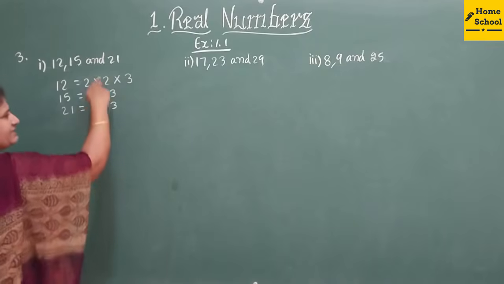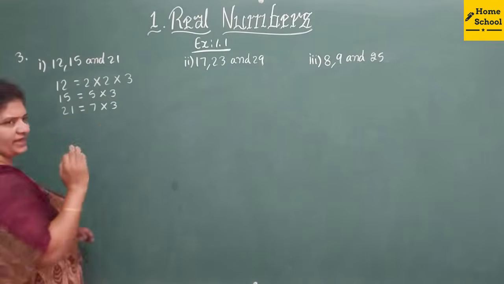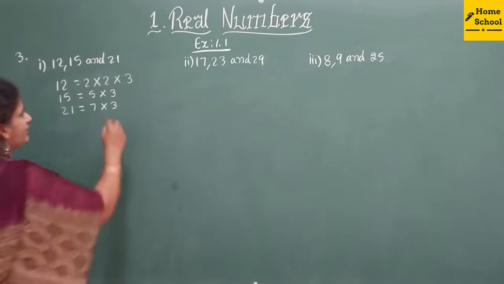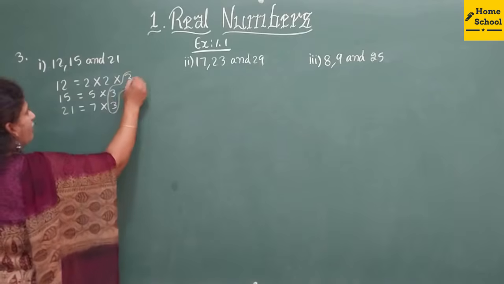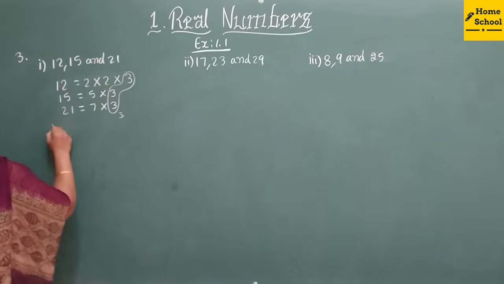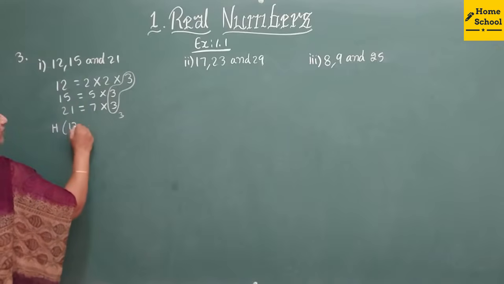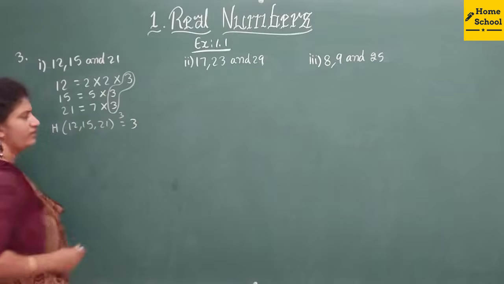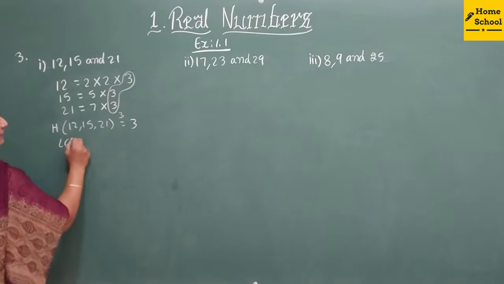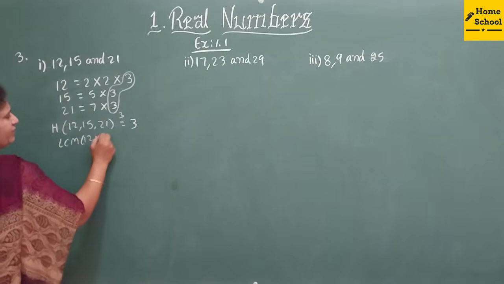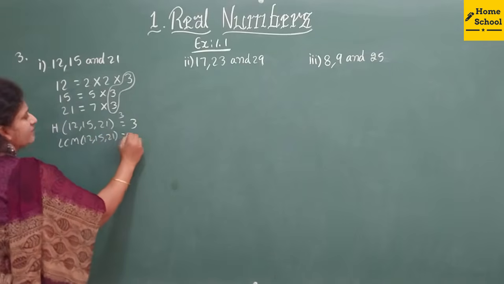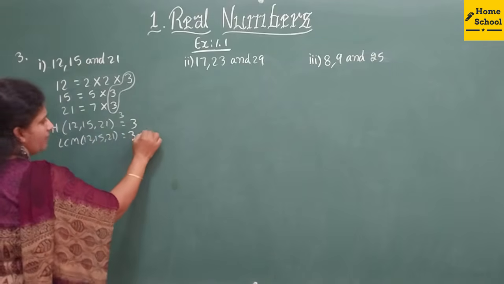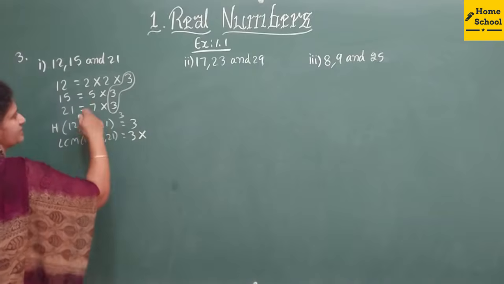Now, among these three, is there any common factor? Yes, 3 is common, right? So, therefore, HCF of 12, 15, 21 is 3. Then what about your LCM? LCM of 12, 15, 21 is first the HCF number, multiply the remaining numbers.